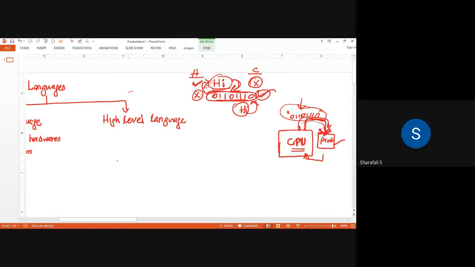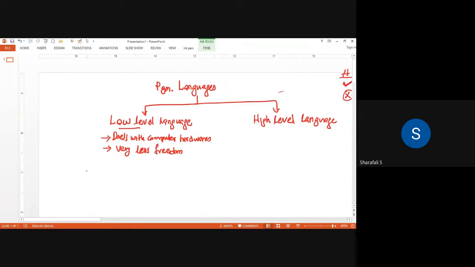That is very difficult for humans to understand, but the system can understand it very easily. So these low-level languages deal with computer hardware: how the CPU works and how it sends information to other devices. All this is controlled by using the low-level language.